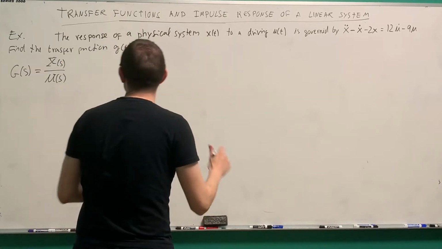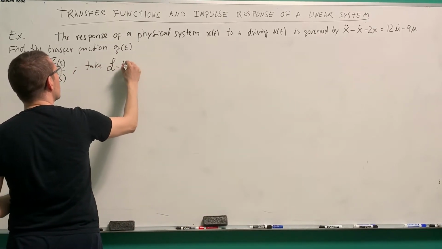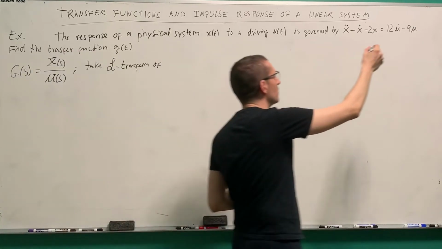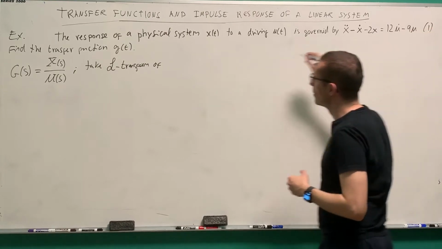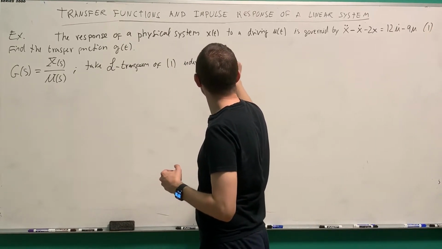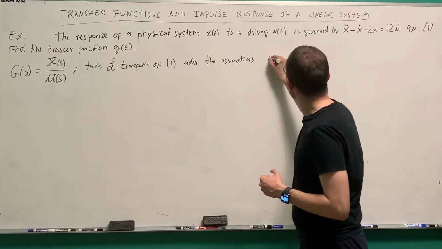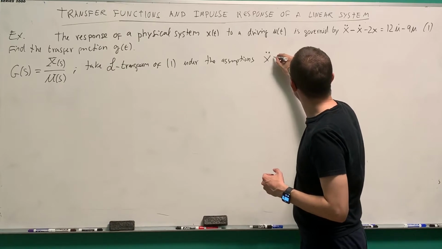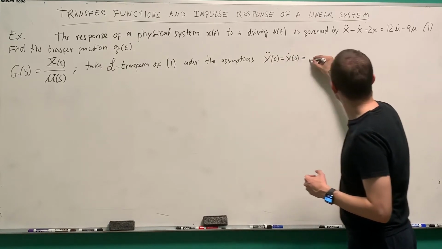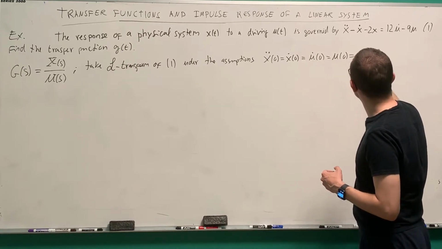Let's do it by taking the Laplace transform of, let's call this equation 1, under the assumption that x double dot of 0 equals x dot of 0 equals u dot of 0 equals u of 0 equals 0.